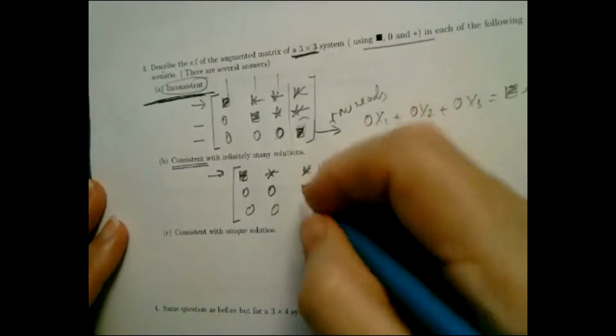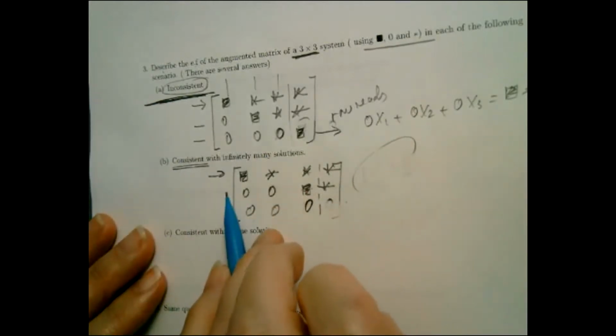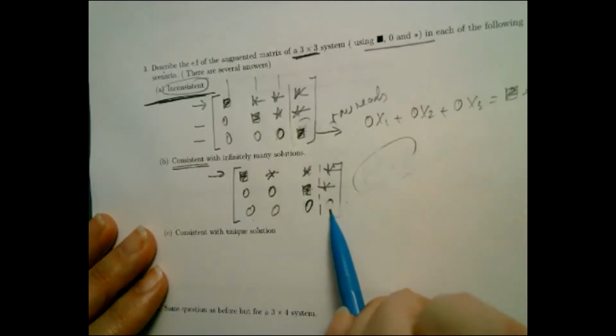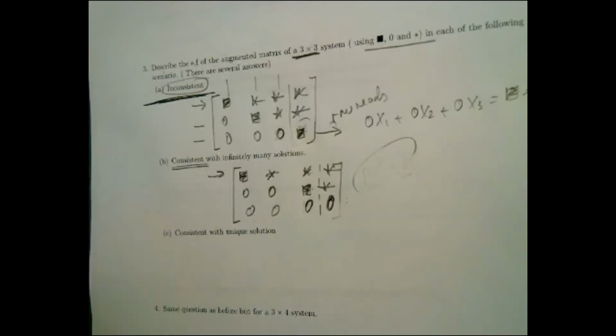Just make the bottom row all zeros. Right. Since there is a leading, this has to be 0. Otherwise, it's not an echelon form. And if I want it to be consistent, I have to avoid a non-zero term here. This will have to be a 0. That's the picture for consistent with infinitely many solutions.